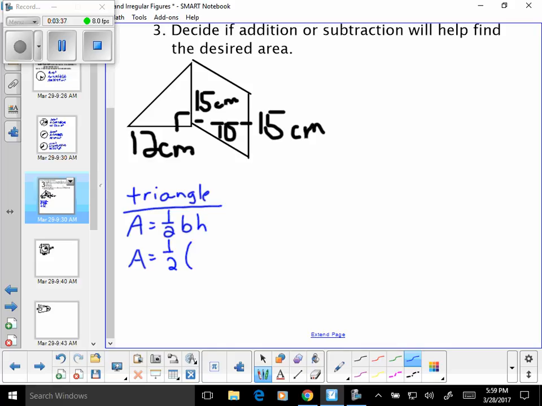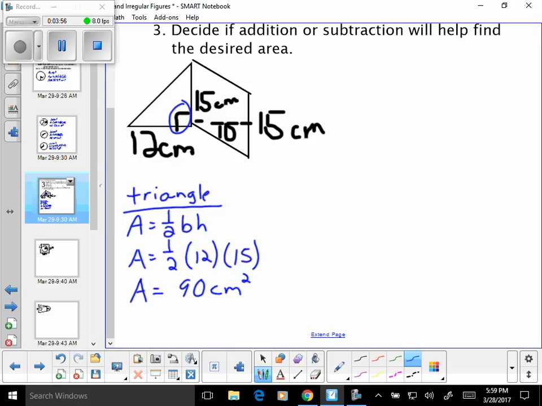I'm going to take the base as 12 and the height as 15, because note here's that right angle. That would mean 6 times 15, which is going to be 90. And again, note that I put a label here too.